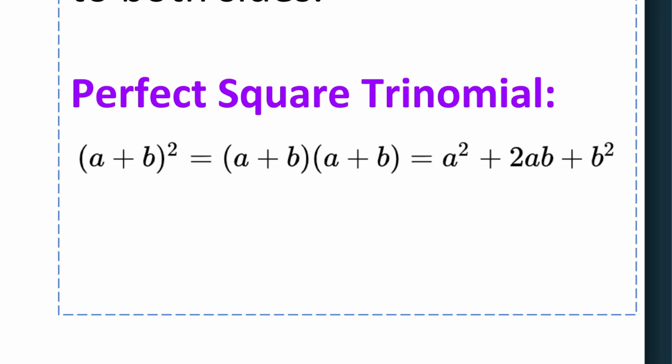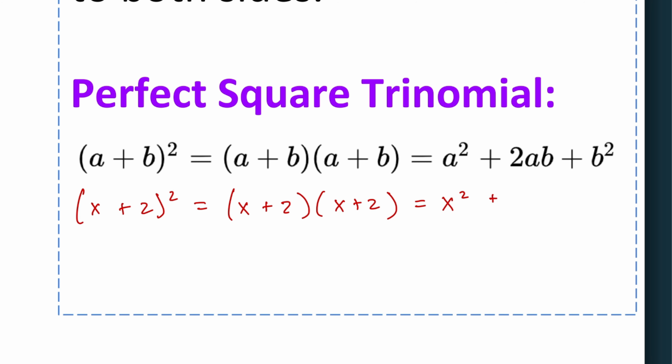If I write this out as an actual equation, it'd be x plus 2 squared, which is the same thing as x plus 2 times x plus 2, which would give you x squared plus 4x plus 4. Now, it's a complete coincidence that this number and this number are the same number. That doesn't mean that every perfect square trinomial needs to be that way.